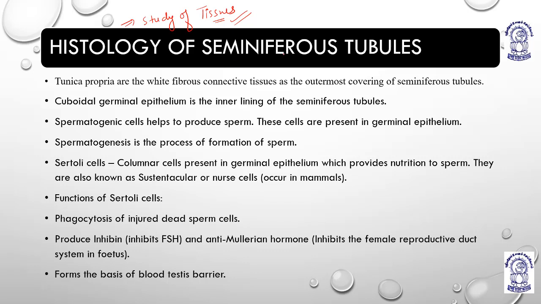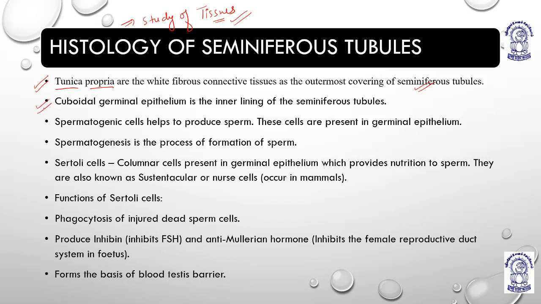The histology of seminiferous tubules means how different cells are arranged and what the functions of different cells in seminiferous tubules are. The seminiferous tubules have an outermost layer of white dense connective tissue that is known as what? Tunica propria. Tunica propria is the white fibrous connective tissue present around seminiferous tubules.